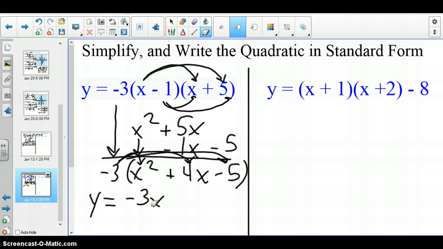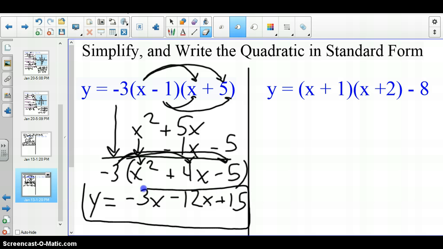Negative 3 times 4 is negative 12x. And negative 3 times negative 5 is positive 15. So now we have written this equation. It was in intercept form or factored form. Now it's in standard form. Okay, and I forgot the x squared there. And we can go and graph this in standard form if we want to.